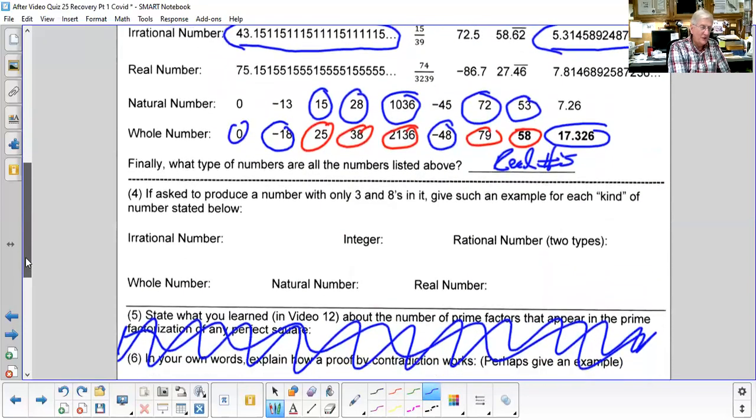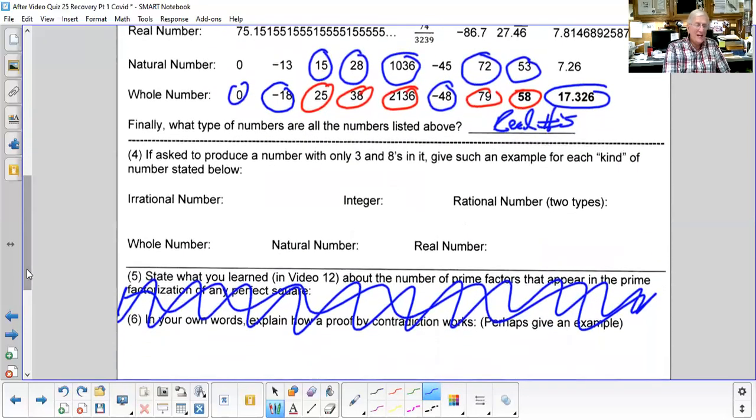All right, this is a little different. If asked to produce a number with only 3's and 8's in it, give such an example of each kind of number stated below. All right, how would we get an irrational one? It only can have 3's and 8's.